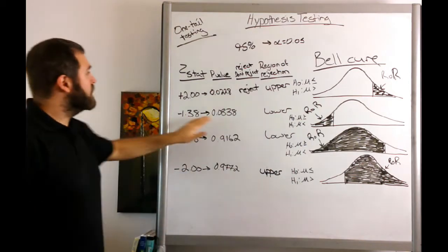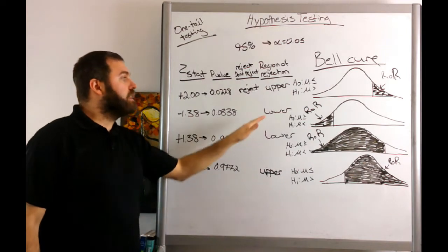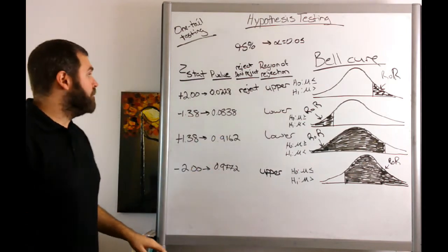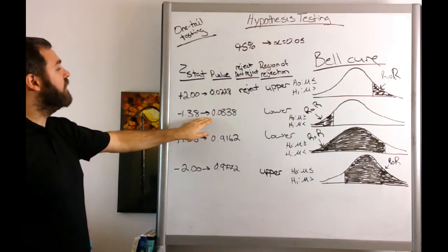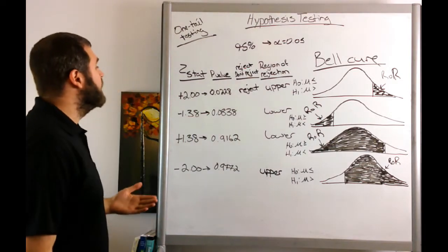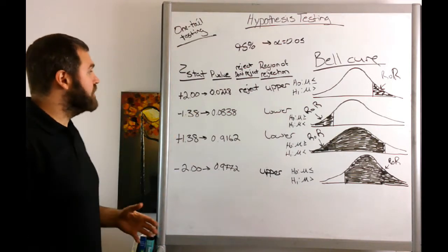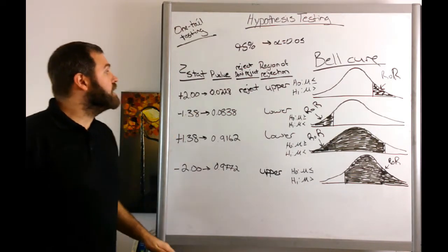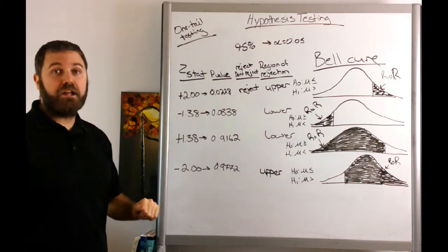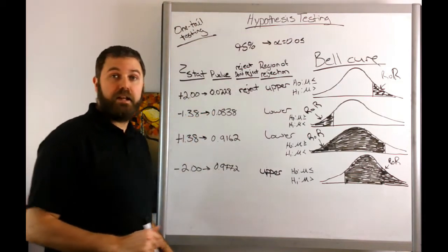So now let's take a look at the z-stat of negative 1.38 in a lower region of rejection. So this gives us a p-value of 0.0838. So with a 0.05 level of significance, we do not reject H0 because the p-value is greater than the level of significance.